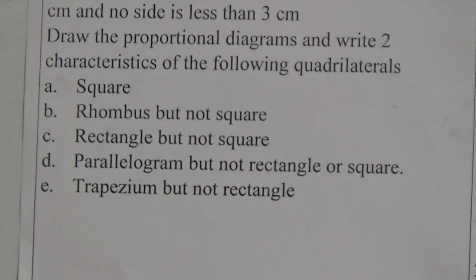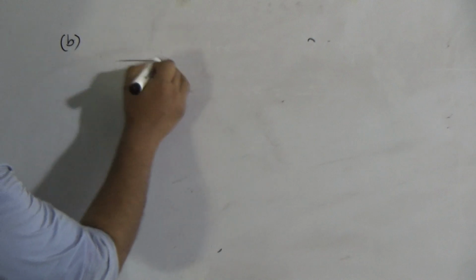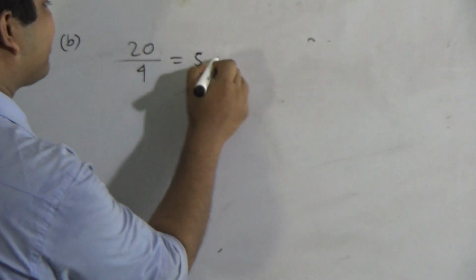Next, question number B, rhombus but not a square. That means we need to draw a rhombus. So how can we draw a rhombus? We know the definition of a rhombus is a quadrilateral whose all sides are equal but no angle is a right angle. So we can say from the stem that the perimeter of the rhombus is 20 centimeters. We divide this 20 centimeters by 4 and we get the side of the rhombus: 20 divided by 4 is 5 centimeters.